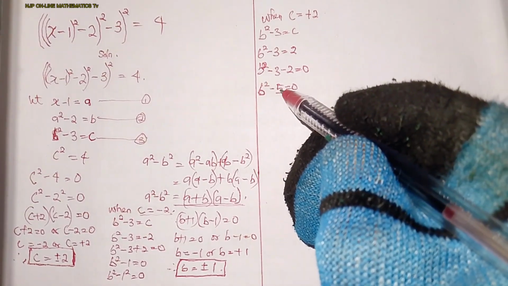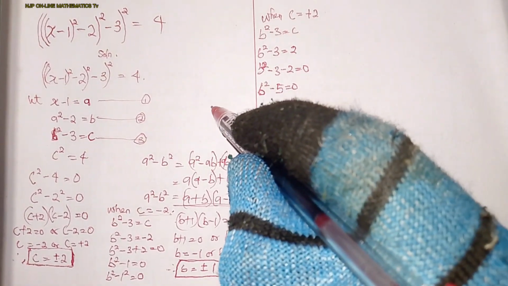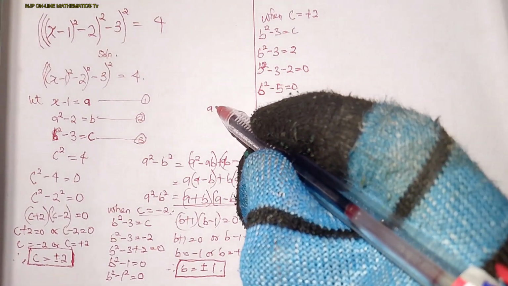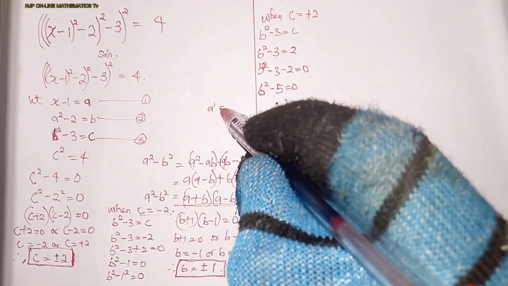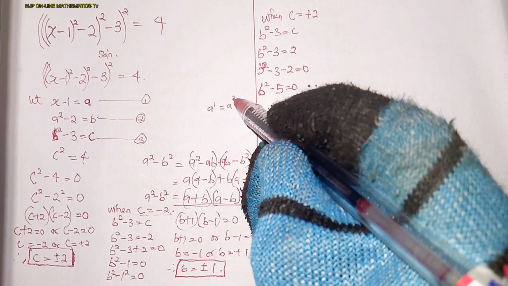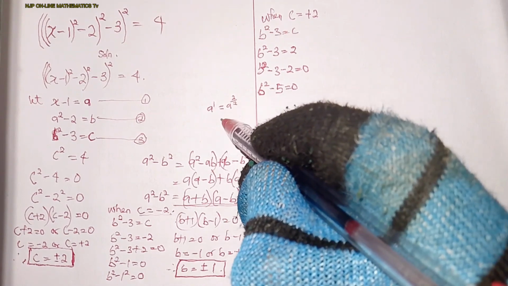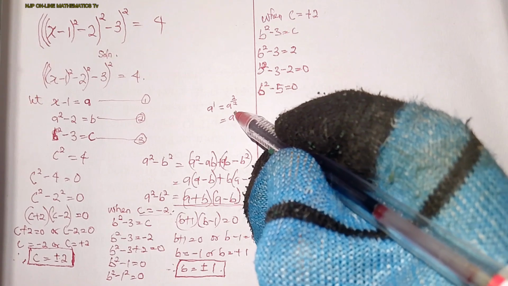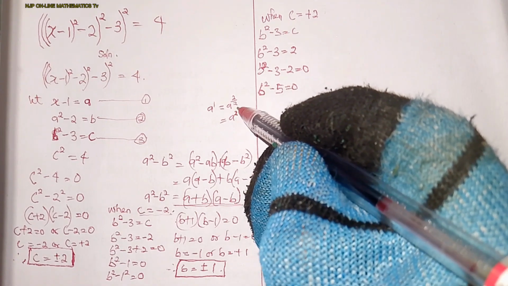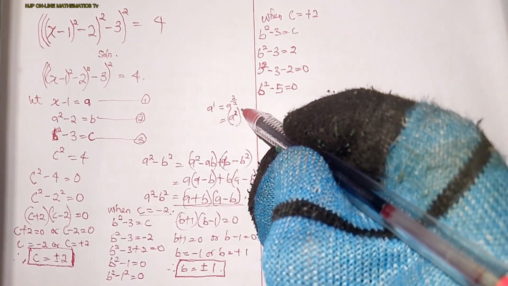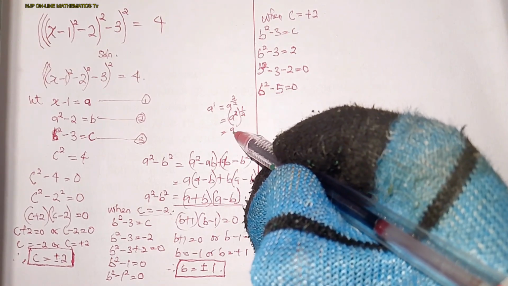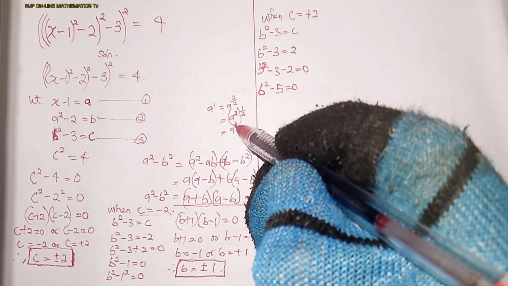This 5 can also be written as, if we have a number a, that a raised to the power of 1 is still the same thing as a raised to the power of 2 divided by 2. And we can continue to write this as a raised to the power of 2, and this 2 at the exponent is multiplying 1 over 2, and this can also be written as a raised to the power of 1 over 2.